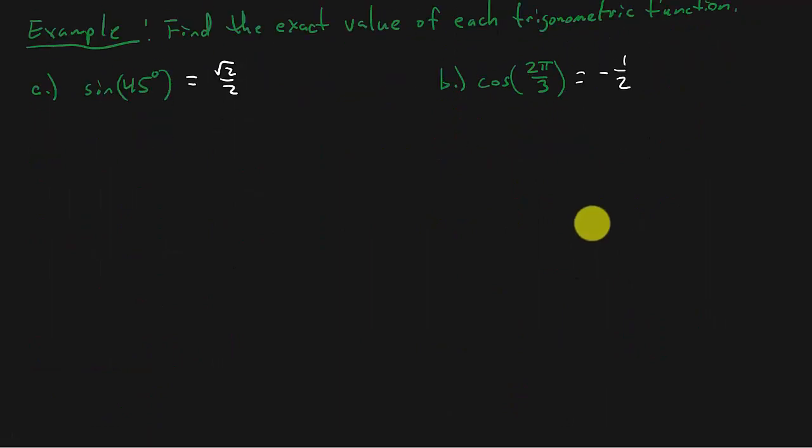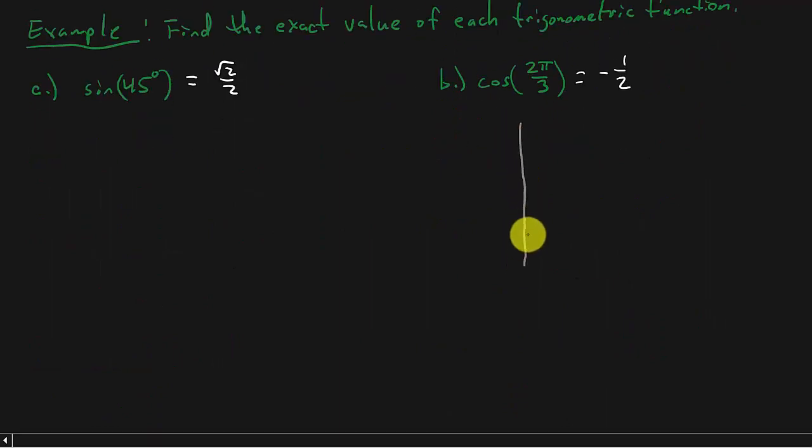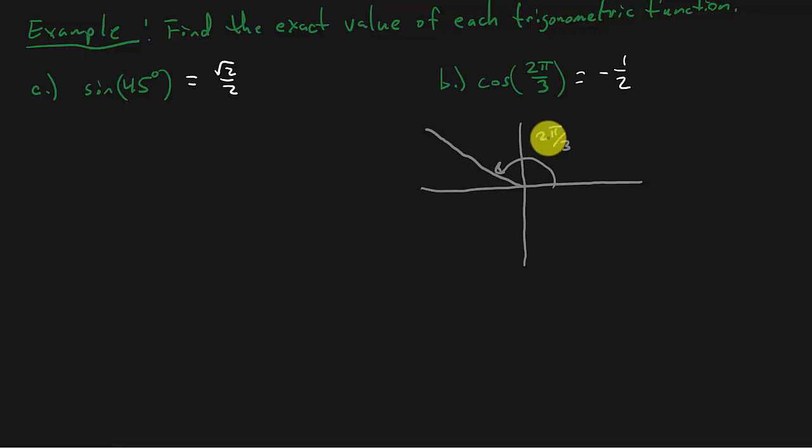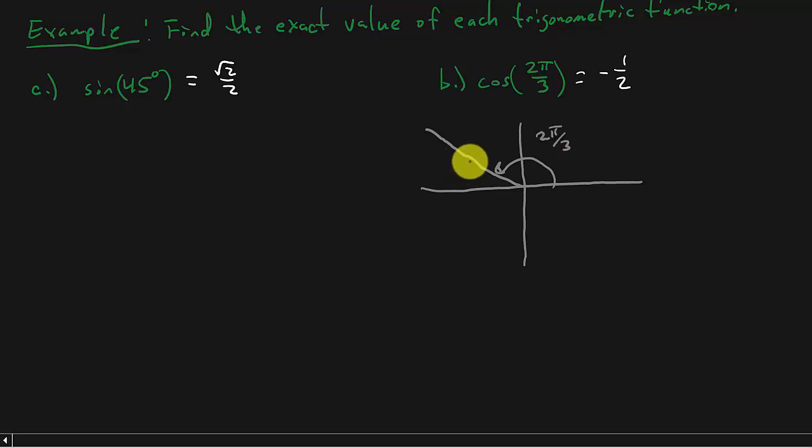So to use reference angles, we've got 2 pi over 3 here. There's 2 pi over 3. And I'm not going to go into detail explaining reference angles and all that. If you need to see that, go watch the other video. I go into more detail on that. All right. So this is my reference angle. And in previous videos, we used theta prime to represent the reference angle.